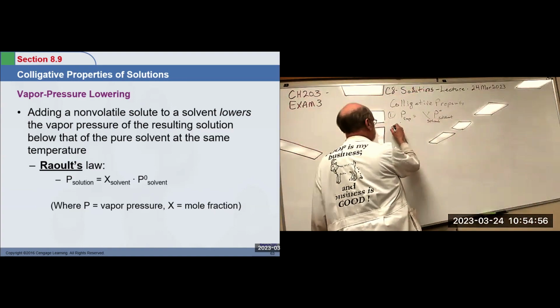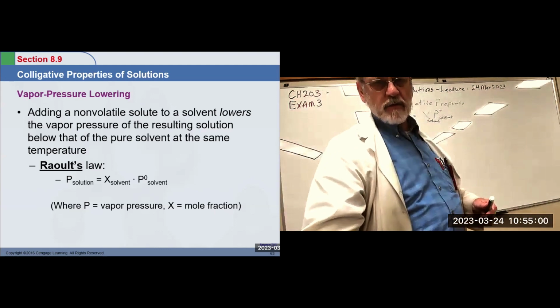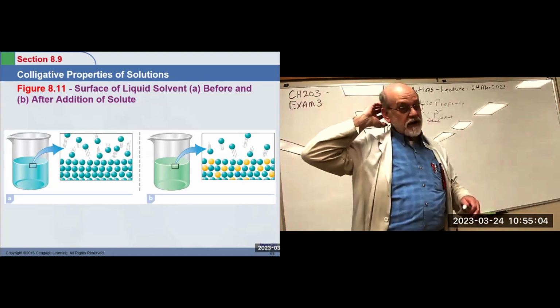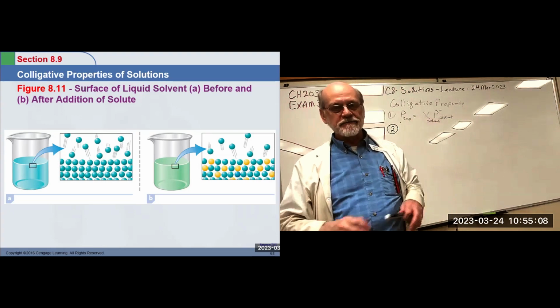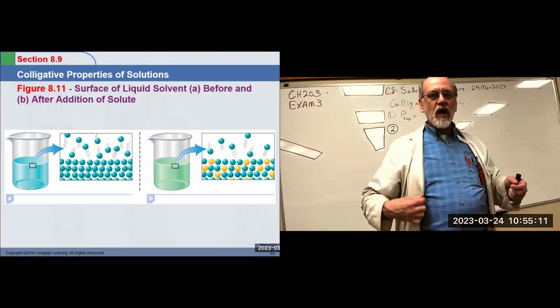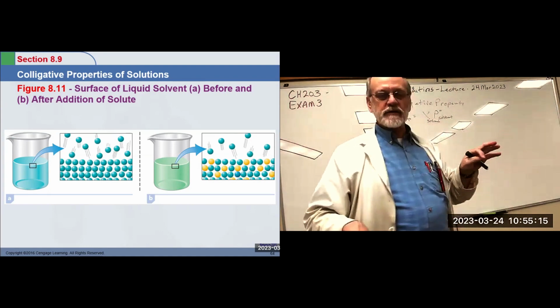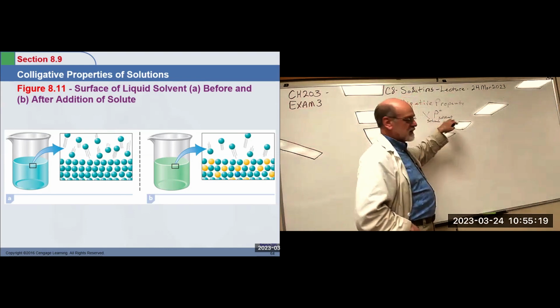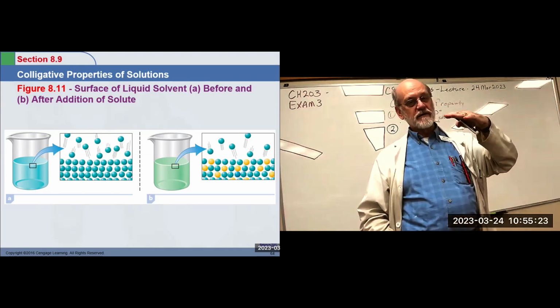Okay, the second one was, what did we say the second one was? Oh, okay, we're going to try to explain why that vapor pressure decreases. Raoult's law, which is this, works because in the pure solvent, you've got nothing but solvent molecules at the surface.